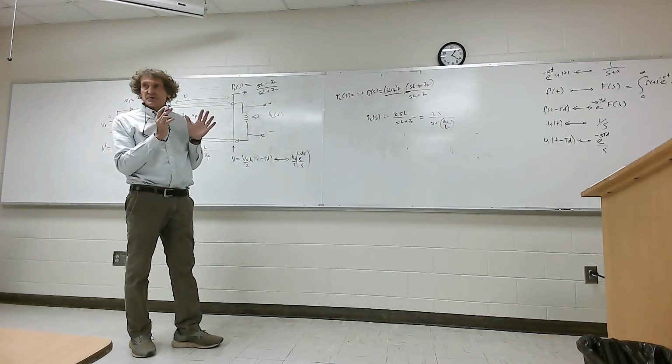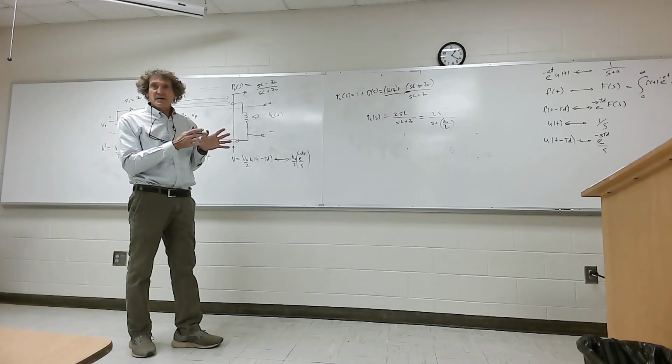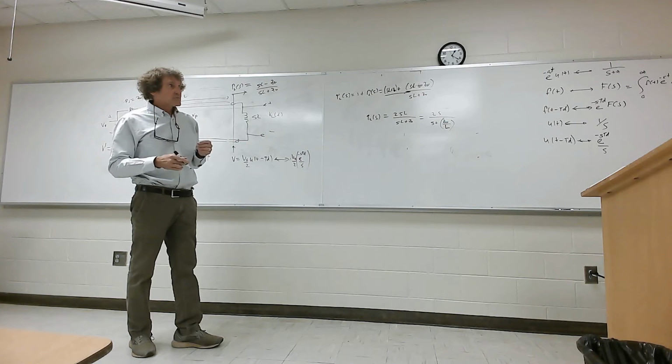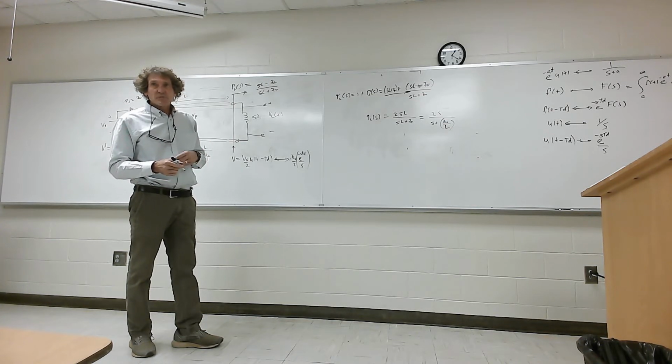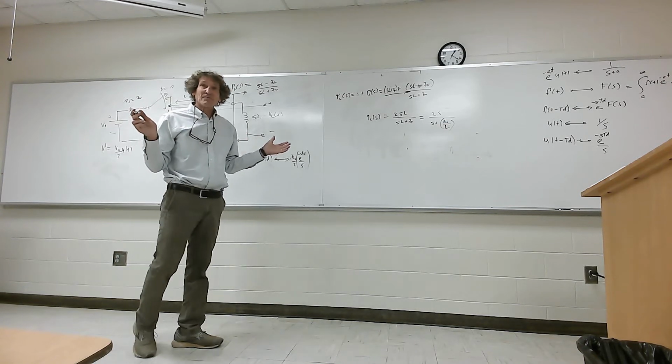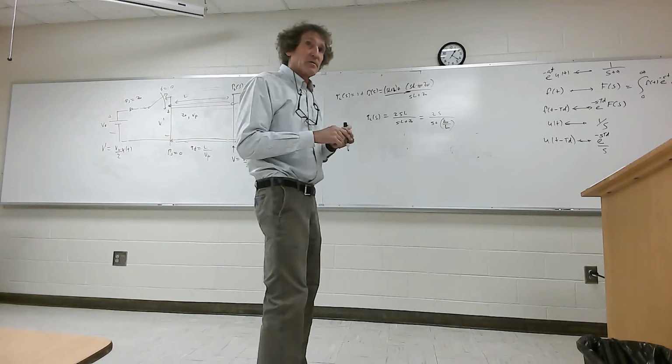And this should make sense to you. You should have seen this kind of stuff done before. That's one of the benefits of going through signals and systems. It really helps you go through circuit analysis and everything in the frequency domain without solving differential equations. You're solving algebraic equations.